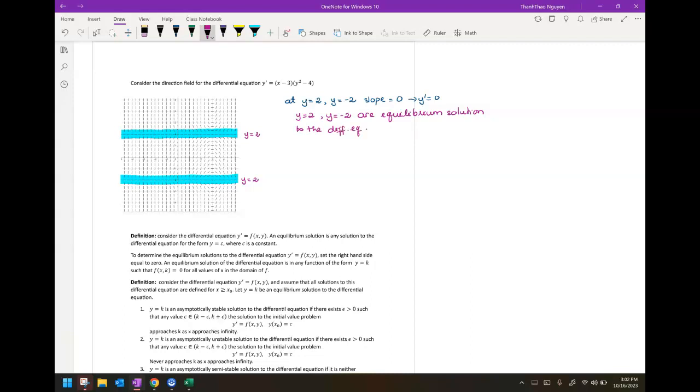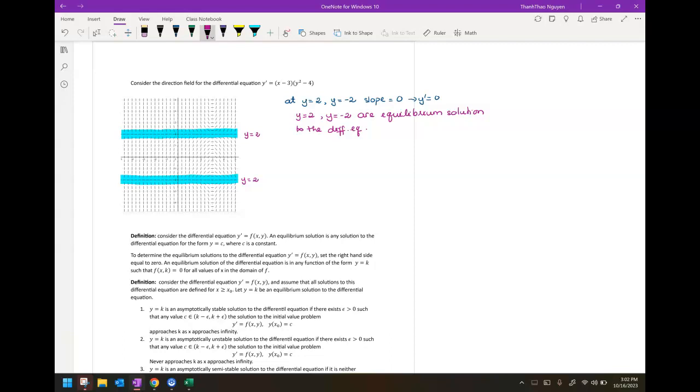Okay, now you look at the definition. Consider the differential equation y prime equals f of x, y. An equilibrium solution is any solution to the differential equation of the form y equals c, where c is a constant. So in this case, y equals 2 or -2, those are the constants, so those are the equilibrium solutions.